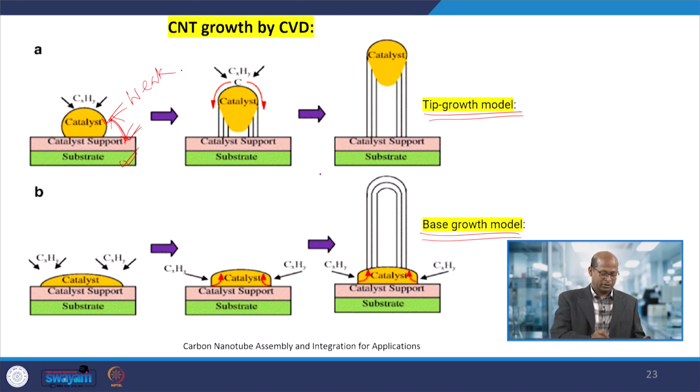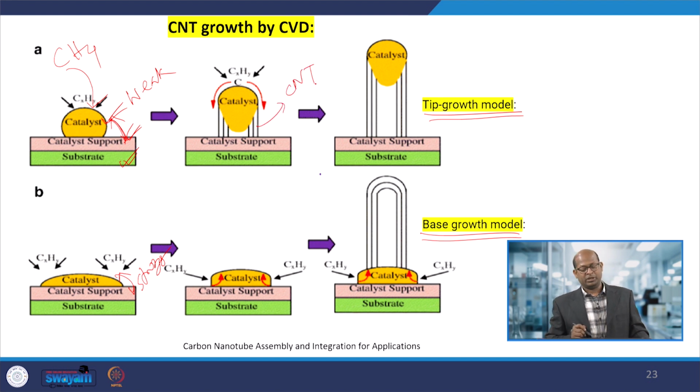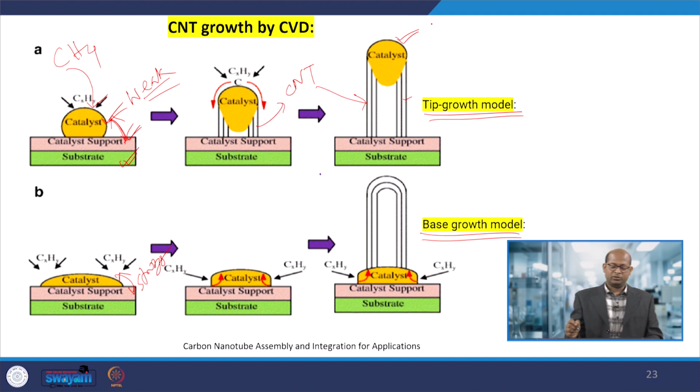When the starting materials interact with the catalyst, CNT growth occurs, and since the catalyst and support interaction is weak, the catalyst remains at the top of the CNT.